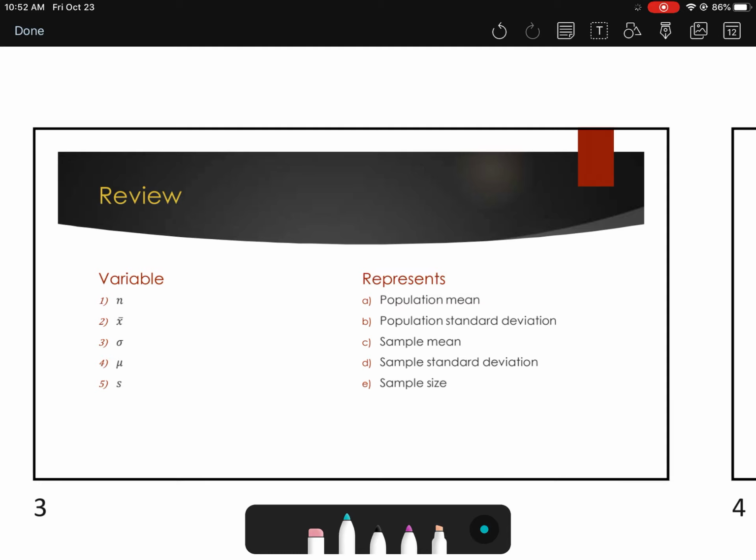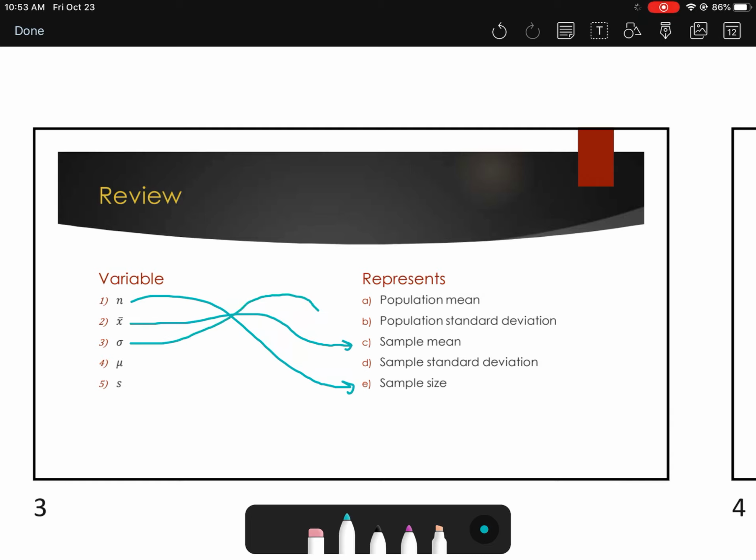Welcome back. Let's see how you did. N is my sample size. Number 2 is X bar, and X bar is your sample mean. 3 is sigma.